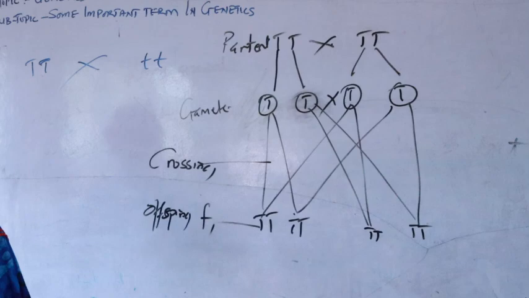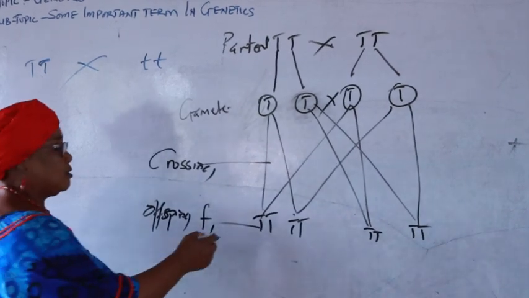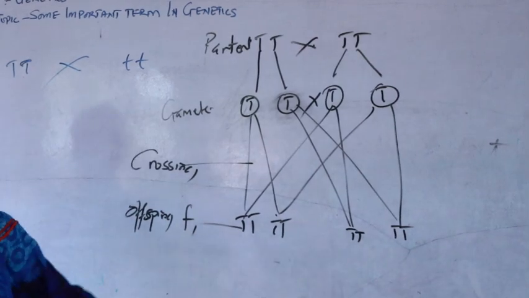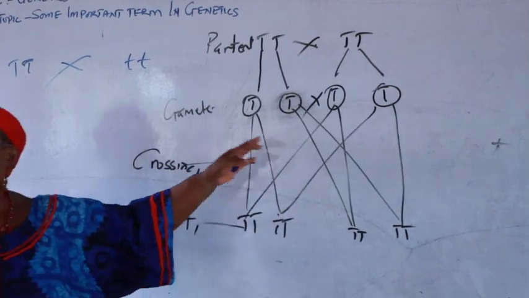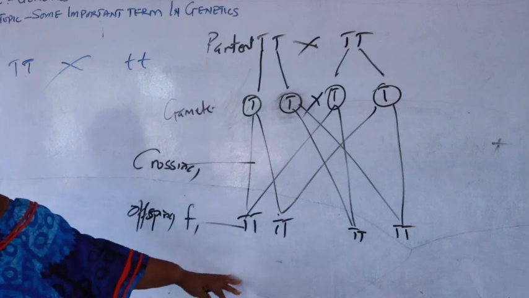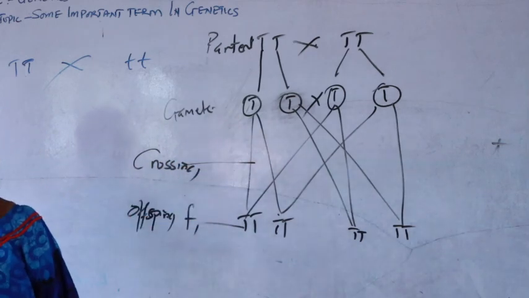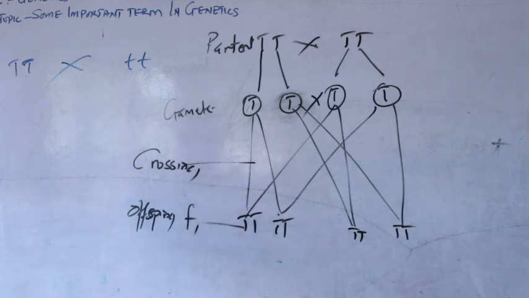Please, most of the time, you don't circle this. This is a result of the combination of genes that produces this. You only circle this to represent the gametes, because it's the gametes that come to combine to bring about the offspring.